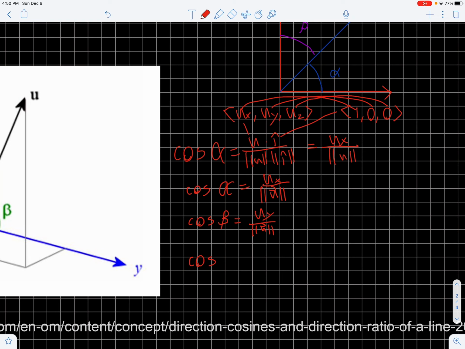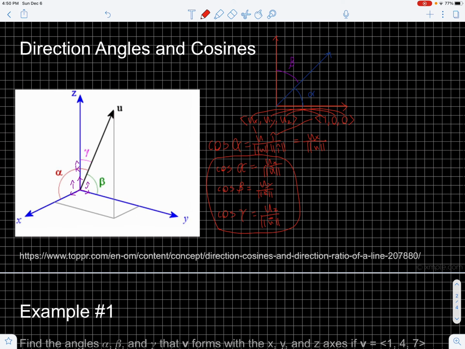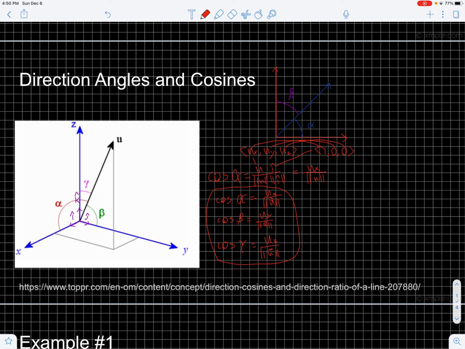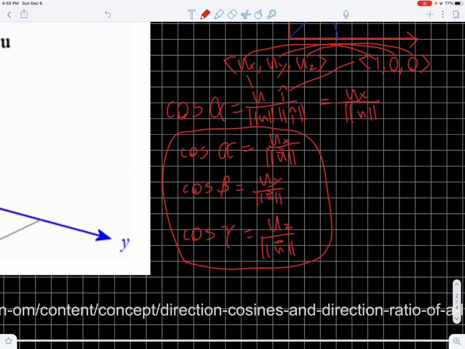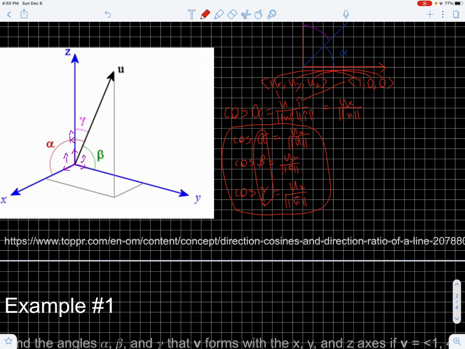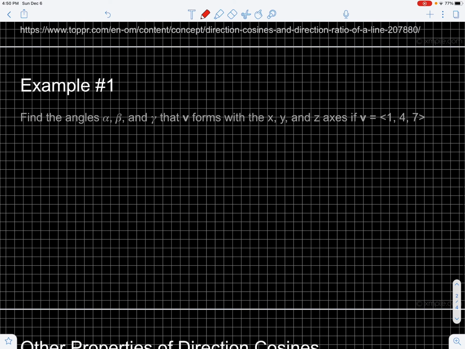Cosine of angle gamma is equal to uz over the norm of vector u. Those are called our direction cosines, the cosines of our direction angles. And if we wanted to find our direction angles, we would just take the cosine inverse of both sides, which we will do in the following example problem.